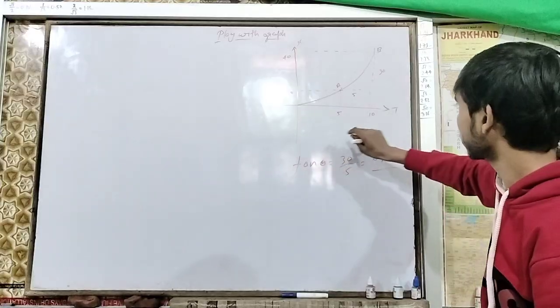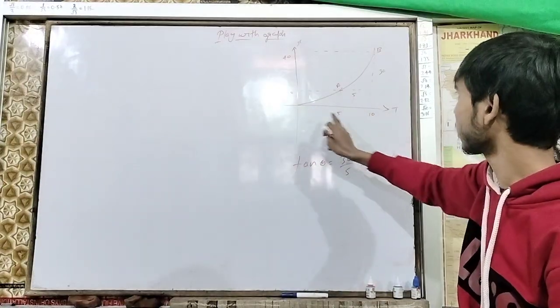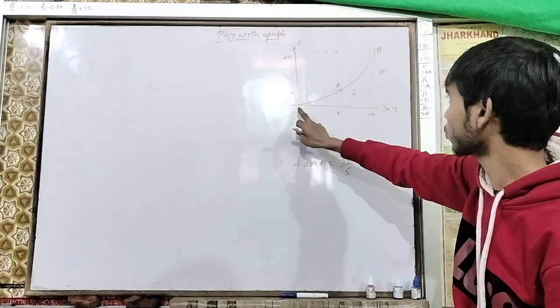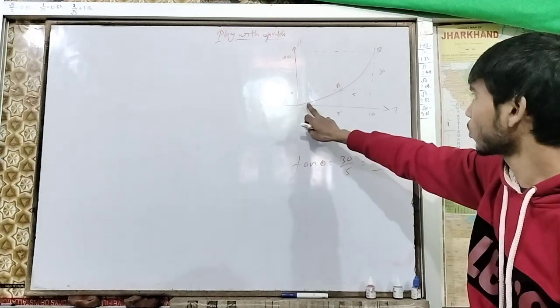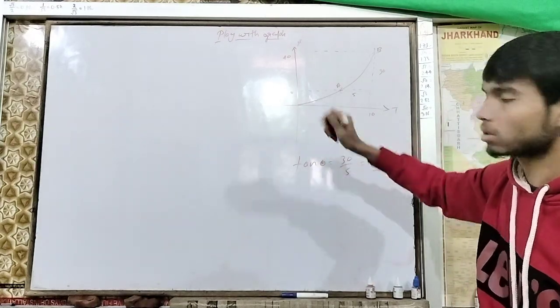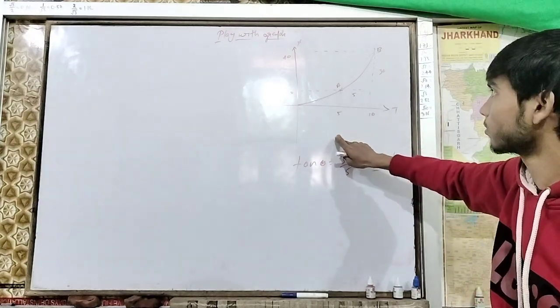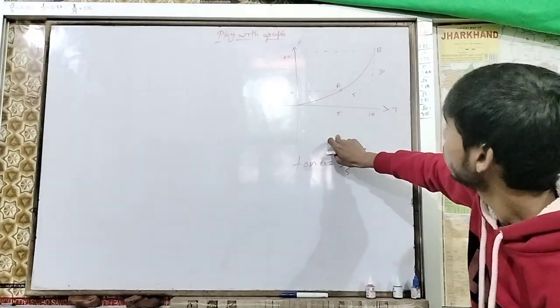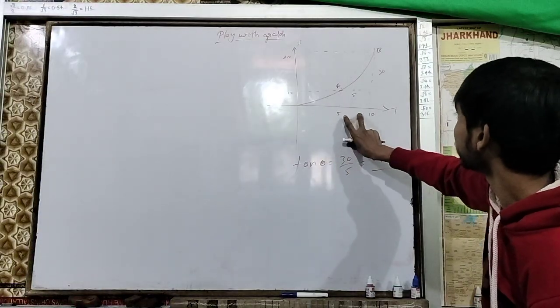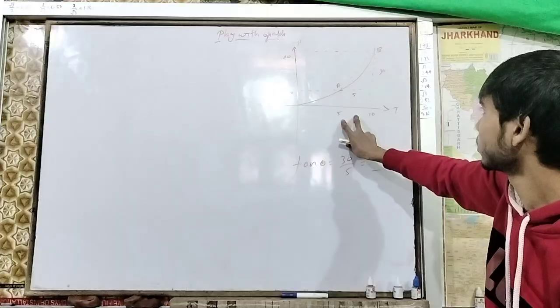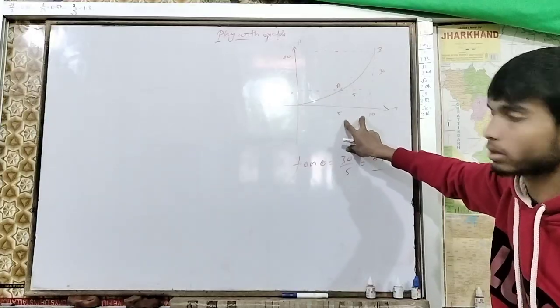Why should we take 10? If you take 10, you are taking from the origin, which is unnecessary. We need this 10 minus 5, so the time over here is 5.